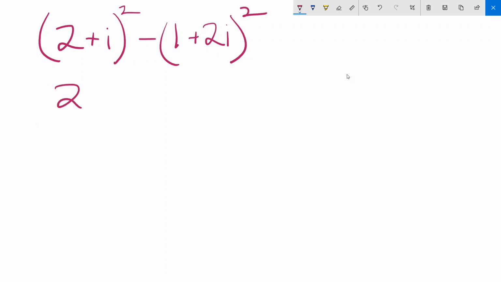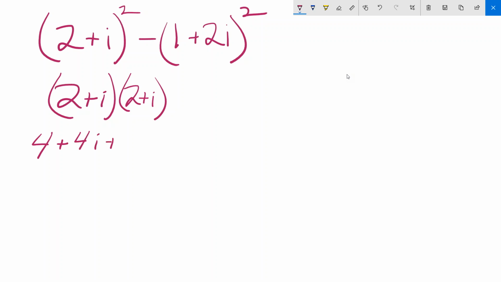What this really is, is 2 plus i times 2 plus i. That is not 4 plus i squared. FOIL it. What do you get when you FOIL it? You get 4 plus 2i plus 2i plus i squared. So it'd be 4 plus 4i plus i squared.